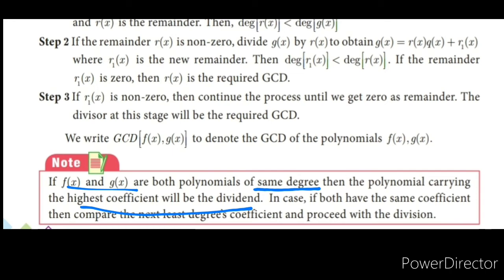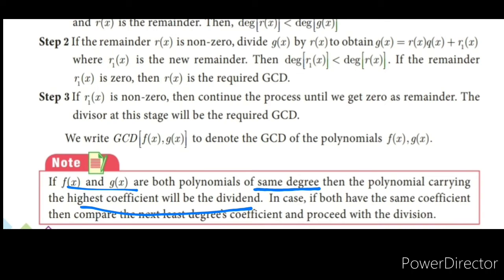If numbers are given, we have to divide the big number by a small number. If the same numbers are given, what do we have to do? In numbers it is clear, it is divided by 1, but in polynomials, if polynomials of the same degree are given, how can we choose the dividend and the divisor? You have to see the highest coefficient.